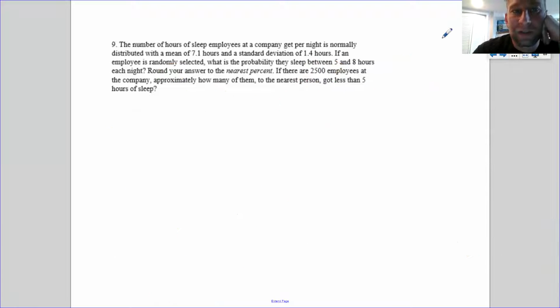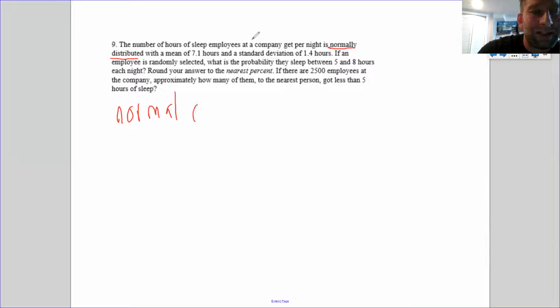And that brings us to our key phrase, normally distributed. Whenever we see normally distributed, we go to our calculator and do normal CDF. That's second vars.